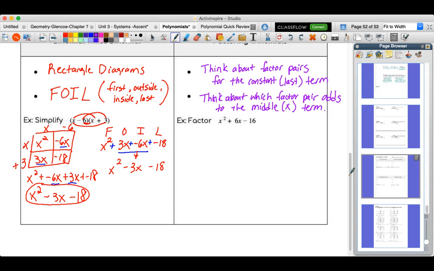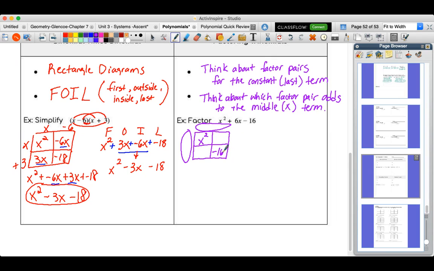So we can use rectangle diagrams and kind of work in reverse in this, or we can just think about factor pairs. I'm going to do both here. So I'm going to look at our rectangle diagram and think about, we're actually trying to figure out what's on the outside of the rectangle diagram in this case. We know a couple pieces from the inside are going to be x squared, and we know it's going to multiply out to negative 16 here.